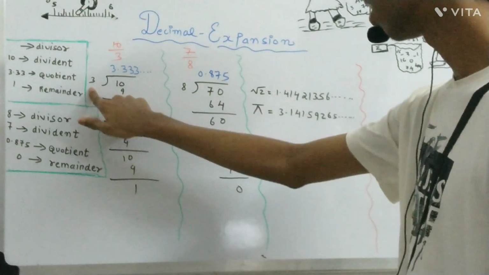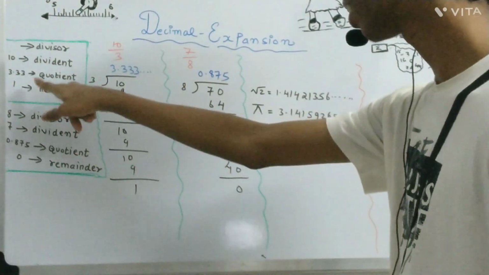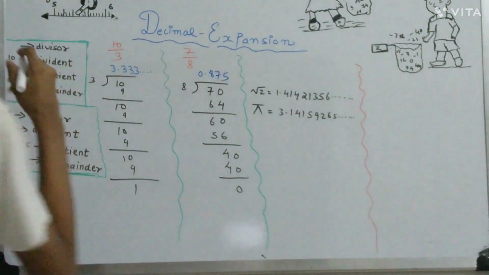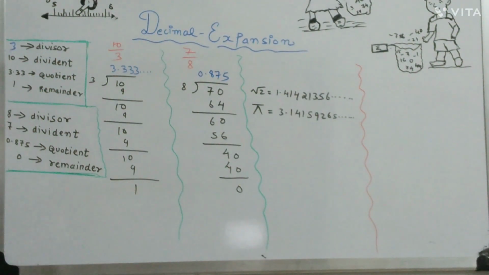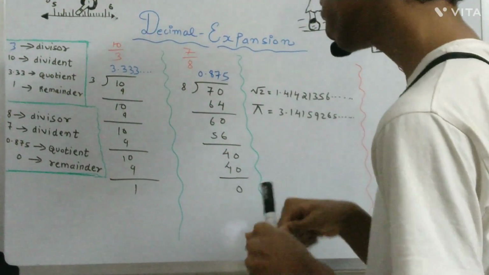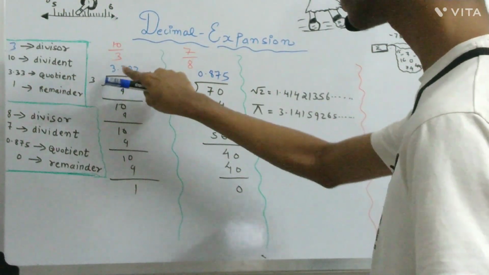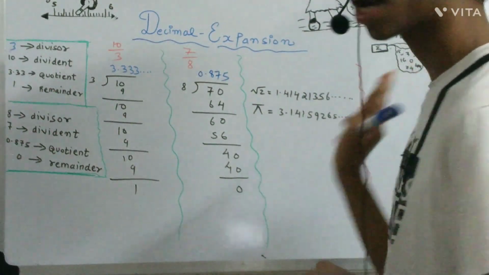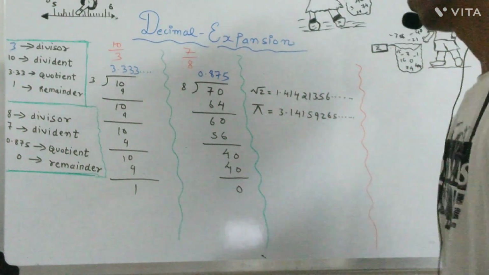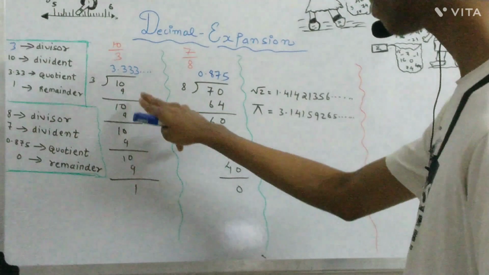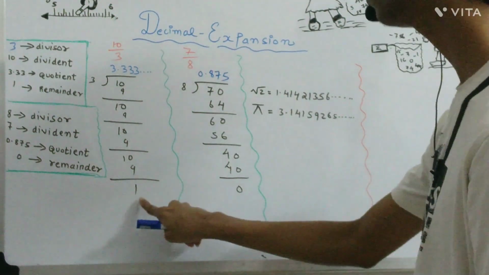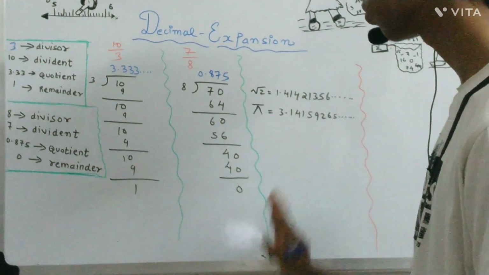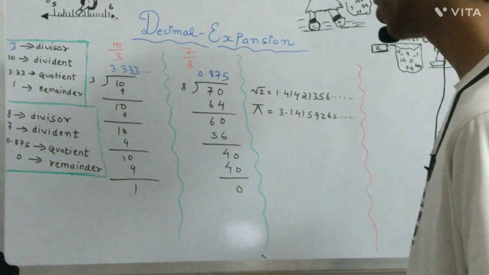Here 3 is the divisor, 10 is the dividend, and we are getting the quotient 3.333 and it is going on like that. We get the remainder 1 every time we do a division.